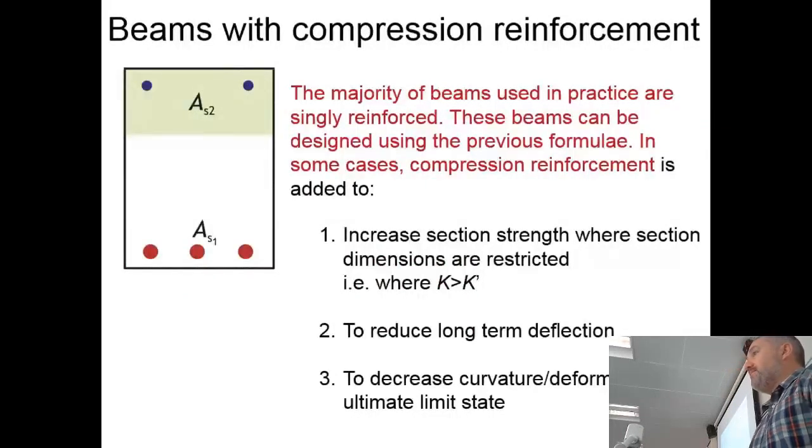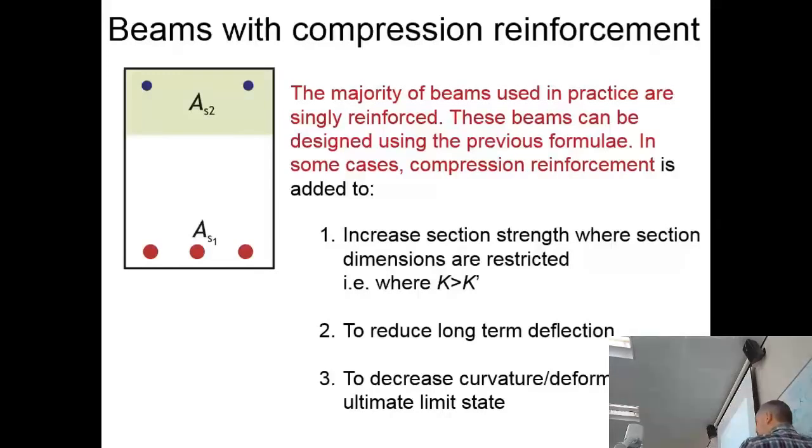Right, I talked about this value of K, and when you have steel at the bottom, you've got this Z value. As soon as you start adding bars in the top, we have FC, a force to consider, and an FS to consider. As soon as we add some more bars in, we have another force, FS2, to consider.